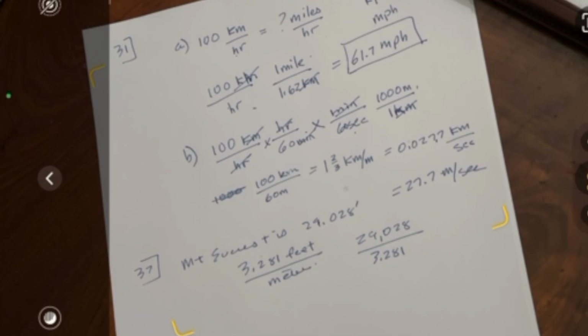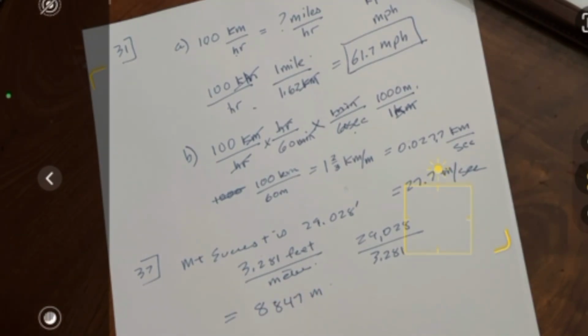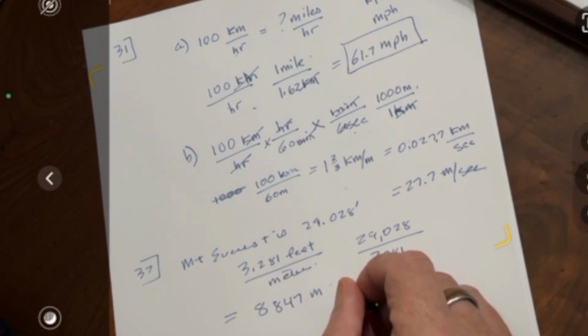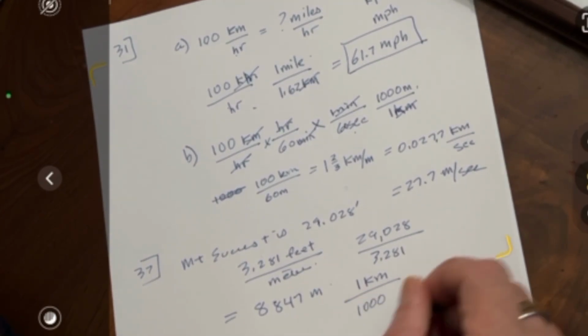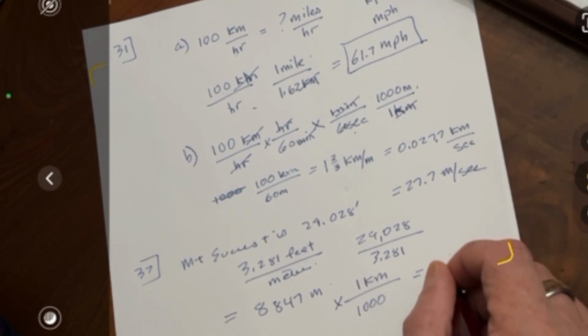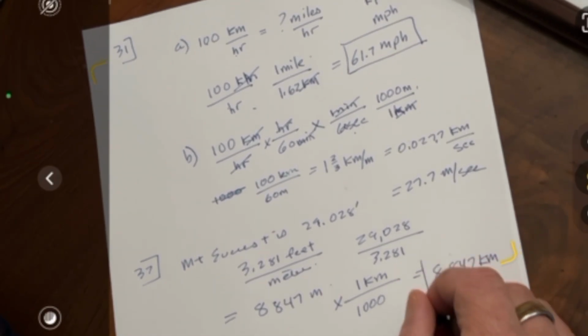Okay, and that equals about 8,847 meters. So how many meters are there in a kilometer? Well, there's 1,000 meters in 1 kilometer. So that equals 8.847 kilometers. And there's our answer.